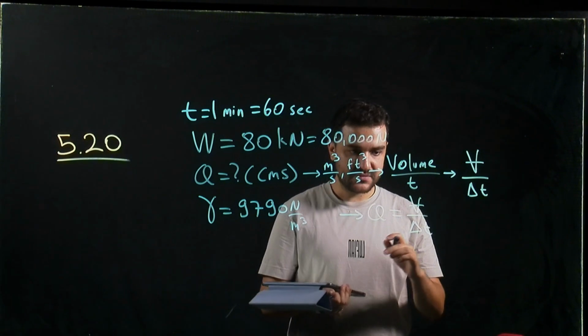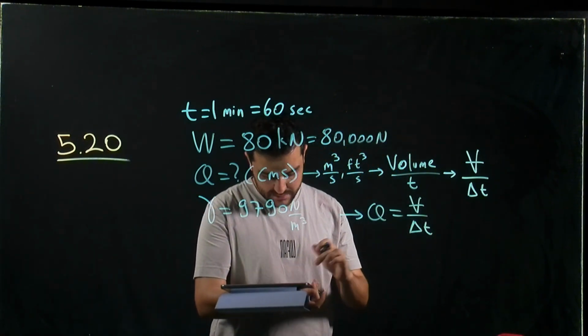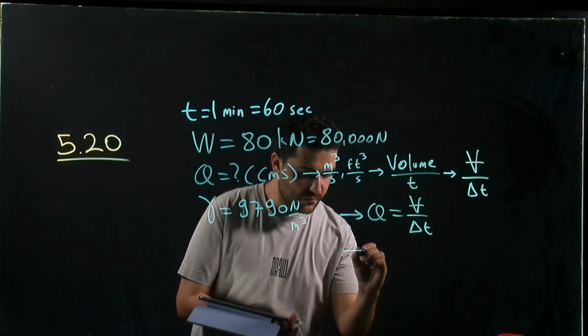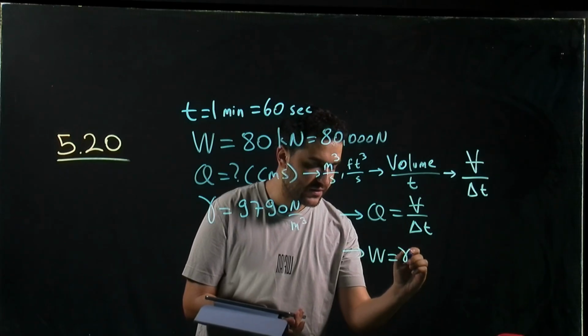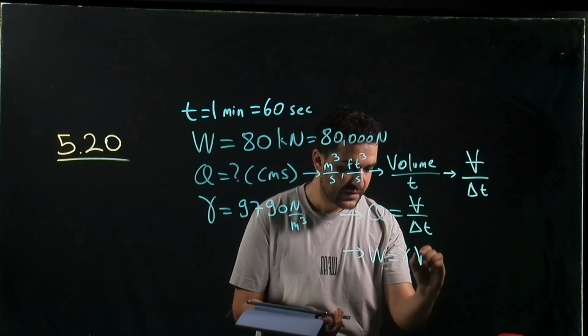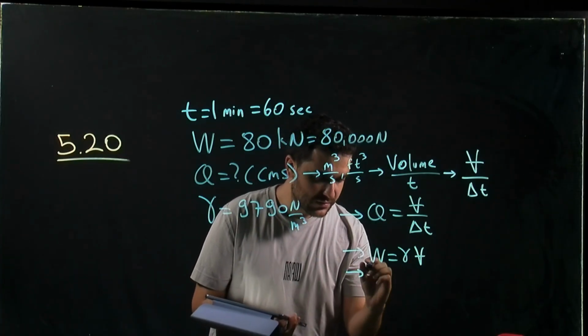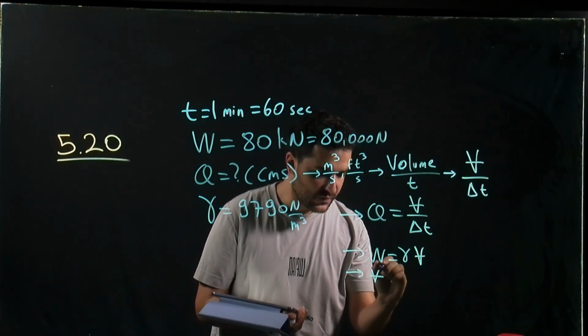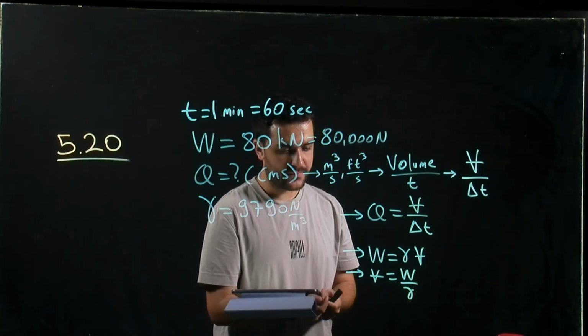And also, as you remember from previous sections, we were calculating weight as specific weight times volume. So volume will be equal to weight over specific weight.